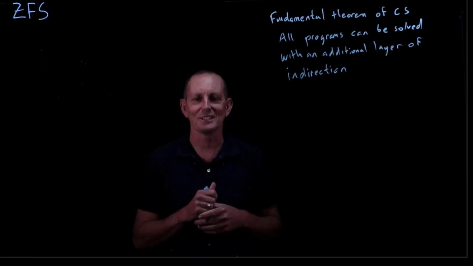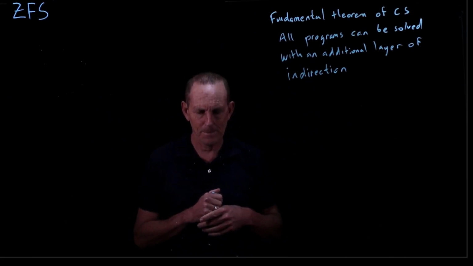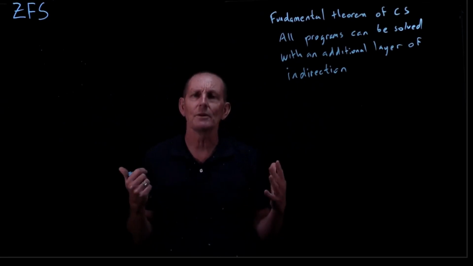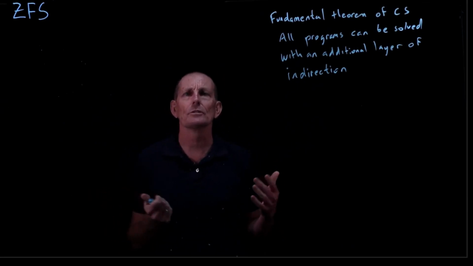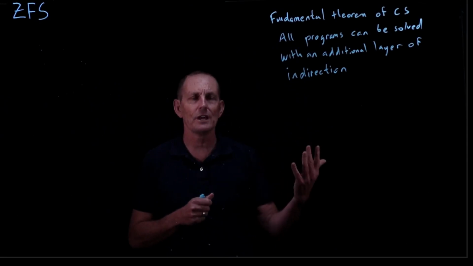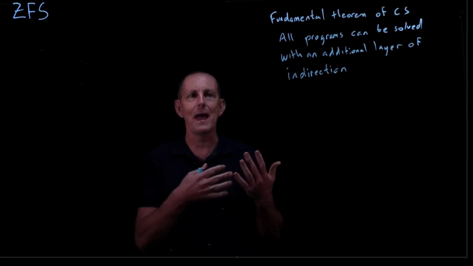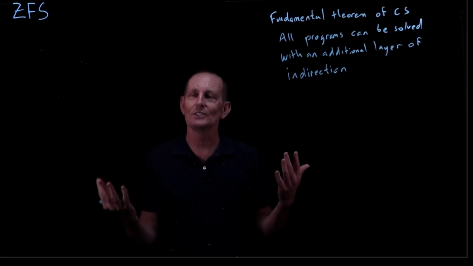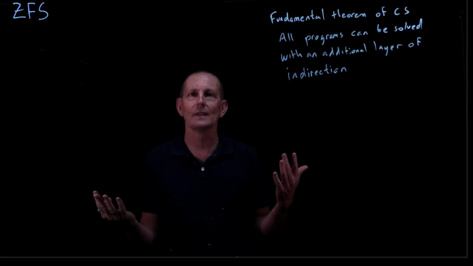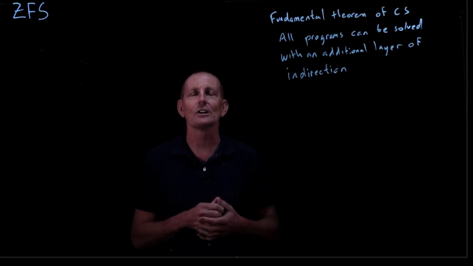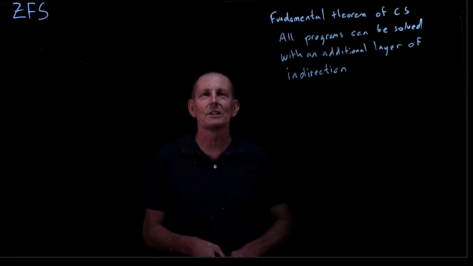And those two certainly are in some conflict. We've seen that level of indirection with virtual memory, where we have a virtual address, and that maps via some mapping to a physical address. And that provides us a large amount of flexibility. We're going to use that same flexibility with ZFS.